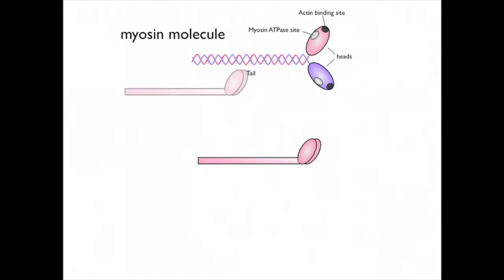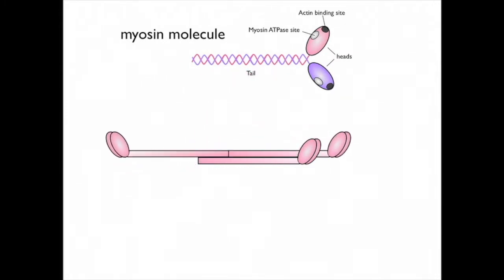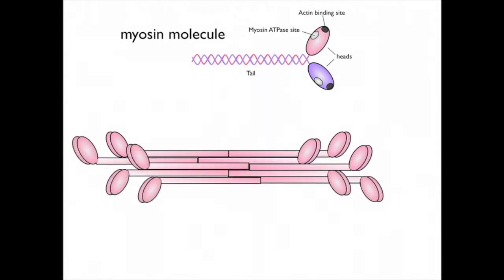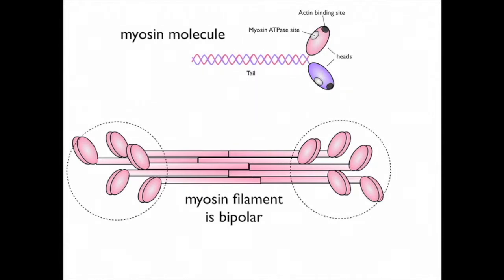The myosin filament is composed of the polymerization of many myosin molecules. The molecules are arranged side by side and tail by tail to form a bipolar molecule. What is meant by bipolar is that the movable heads are arranged at each end of the filament, with the middle devoid of any heads.